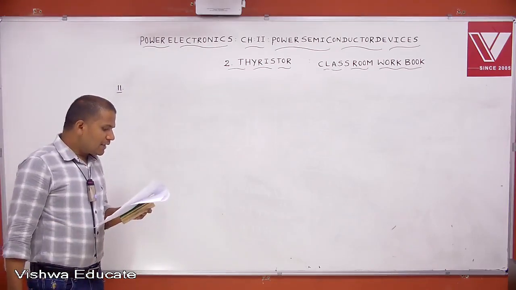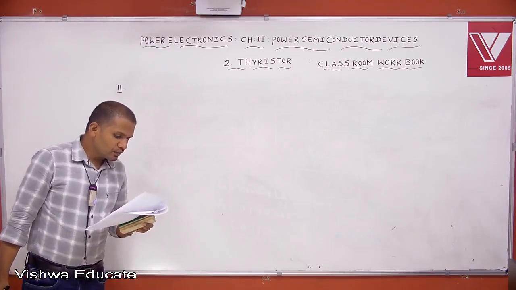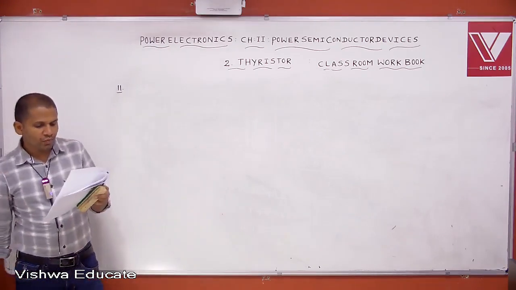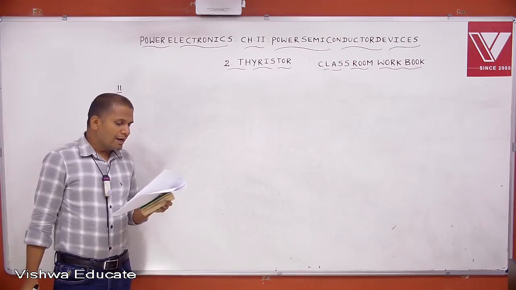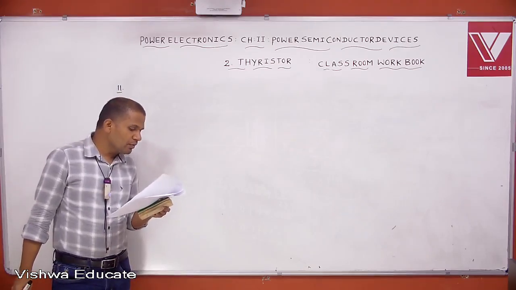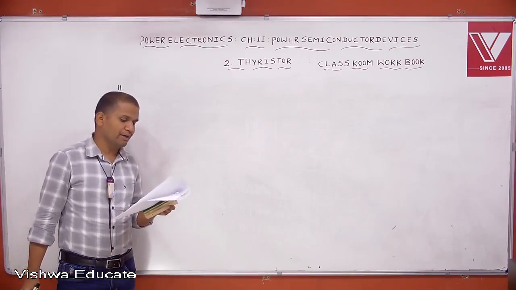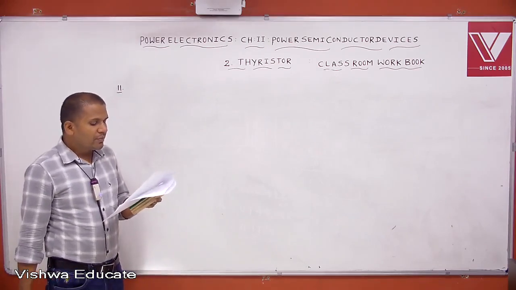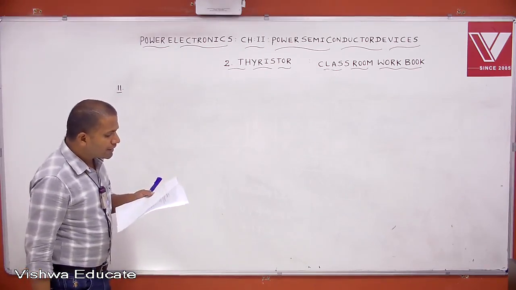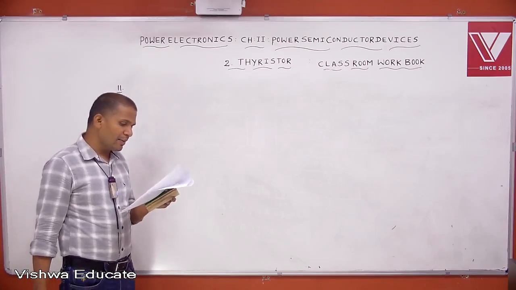The trigger circuit of a thyristor has a source voltage of 15 volts and the load line has a slope of minus 120 volts per ampere. The minimum gate current to turn on the SCR is 25 milliamperes.